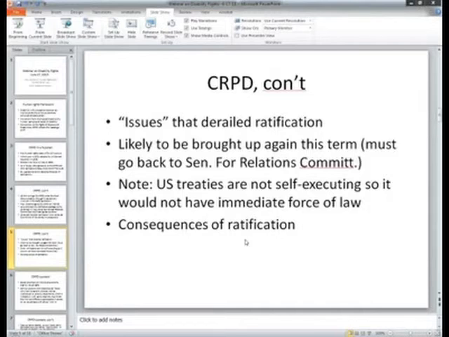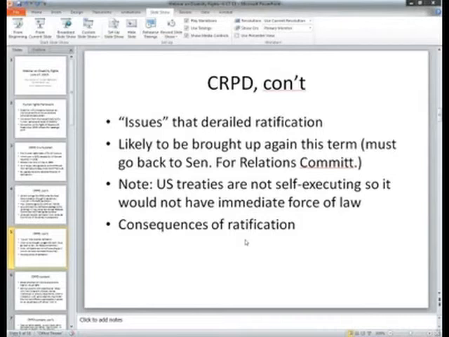Any parent in the United States, while having a lot of authority over his or her child, doesn't have complete authority, including if they abuse or neglect their children. So I think there was a fair belief that there really was no new law being created here, but it was presented as a possible problem. With respect particularly to human rights treaties, the argument is also made that the United States doesn't want or need anyone else telling us what to do.